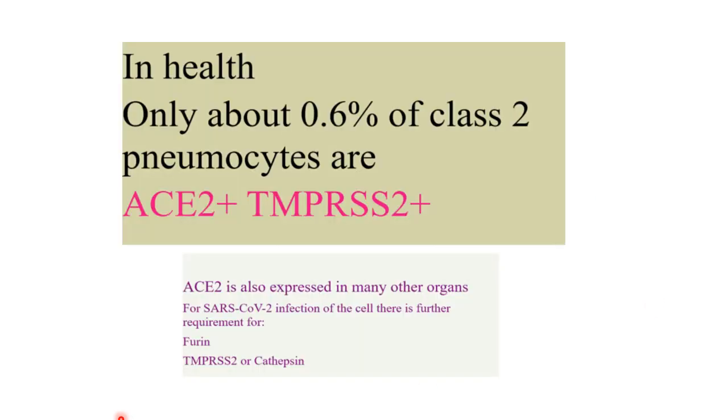So in health, only about 0.6% of the type 2 pneumocytes are double positive for ACE2 and TMPRSS2. Remember, there is also a requirement of furin. Furin is the enzyme that also cleaves spike protein, but as part of the maturation process in the producer cell.